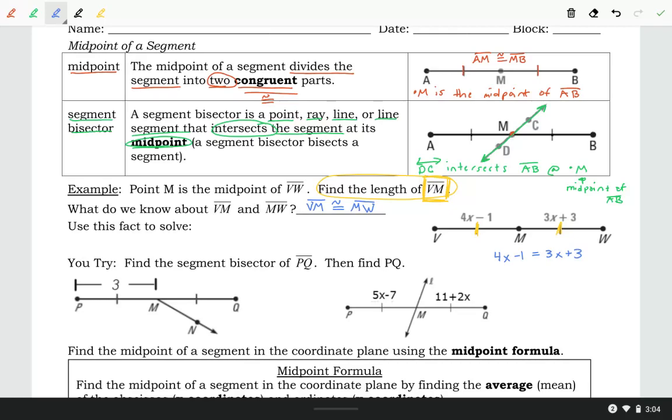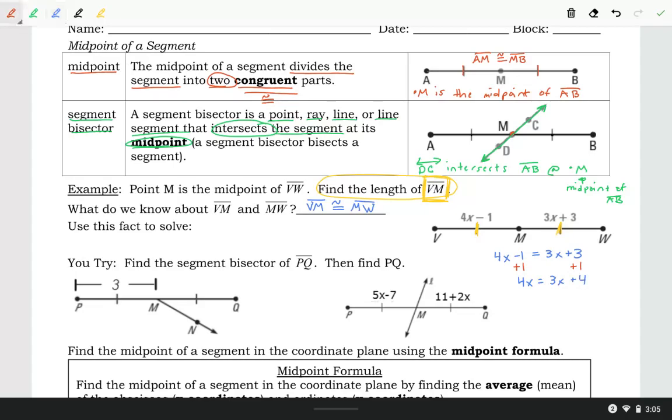Now we have 4x minus 1 is equal to 3x plus 3. So we just use our basic algebra skills, and there's many things we could do as long as we do the same thing to both sides of our equation. So I added 1 to both sides of my equation. So now I have 4x is equal to 3x plus 4.